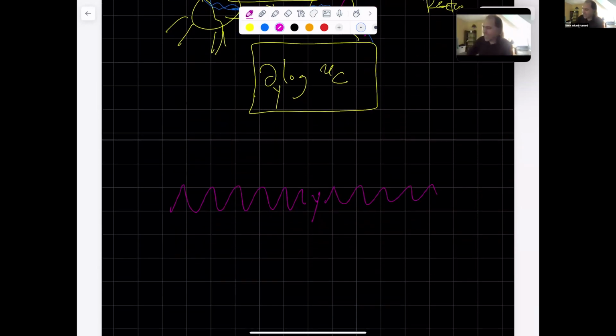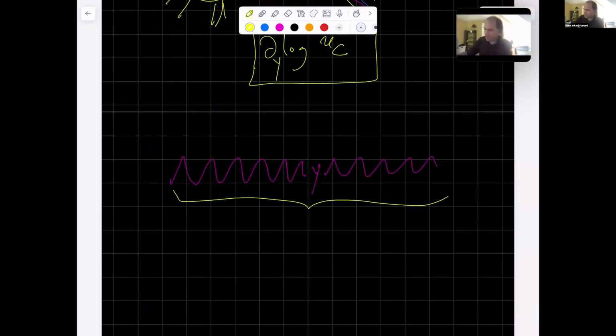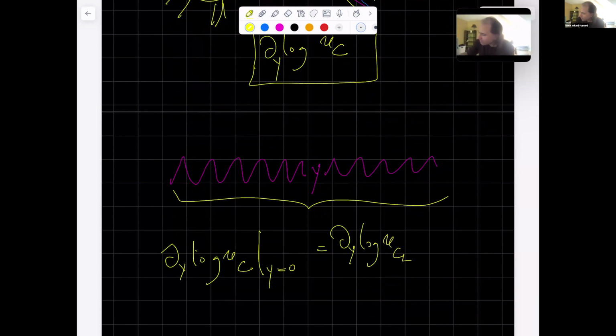It's very simple to show from the counting problem definition of the U's, in terms of products of matrices, that exactly this object, the d log of U for a curve evaluated at y equals 0, beautifully factorizes into the product of the d log of two other curves at y equals 0, times the dy of the log of a u on the curve right at y equals 0.